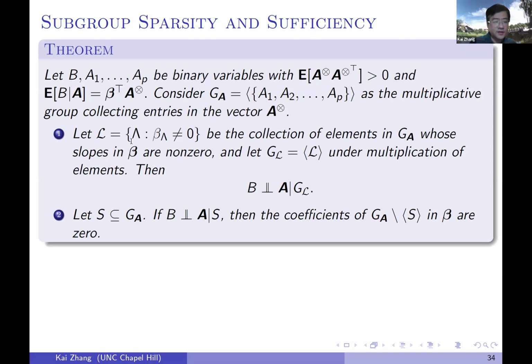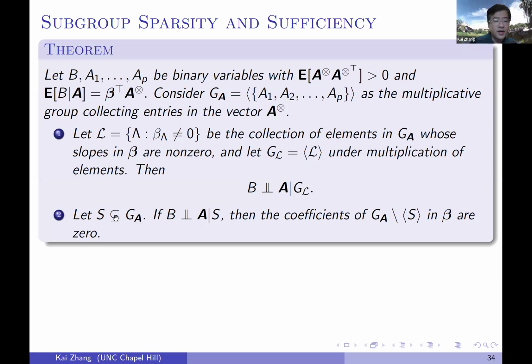First, if the belief slope is sparse, so sparse that the binary variables with a non-zero slope form a subgroup of the big group, then conditionally on the subgroup, B and A are independent. That means all the relationship is summarized in this subgroup, right? There's a notion of sufficiency.